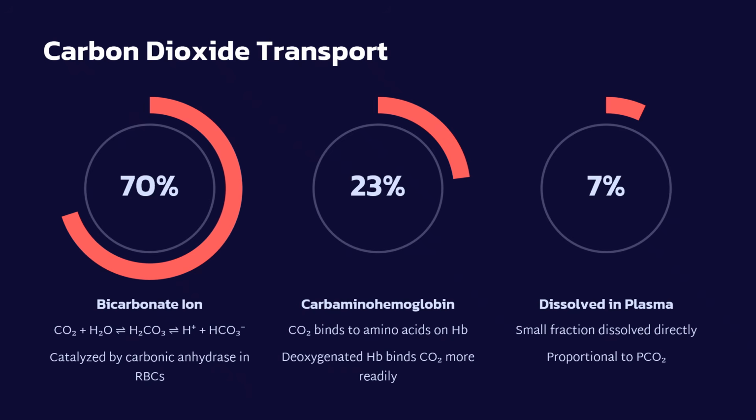One is that dissolved in your plasma, the second is carbaminohemoglobin, and third are those in your bicarbonate ions. This bicarbonate system is very important because it helps buffer your blood pH. So changes in your CO2 levels, like in hypoventilation or hyperventilation, can quickly affect the body's acid-base balance.